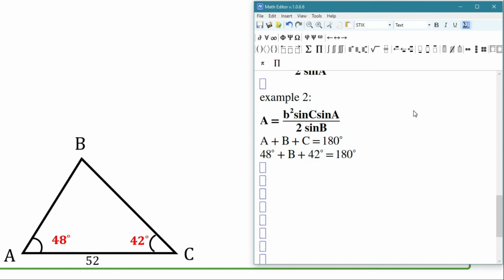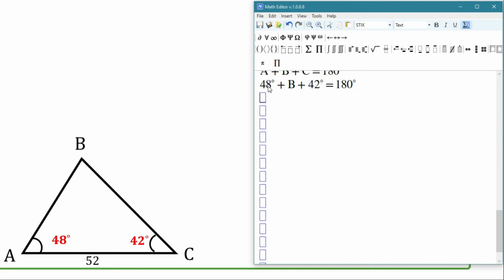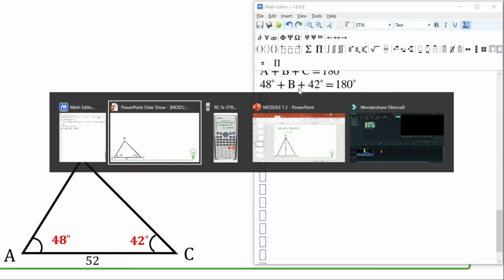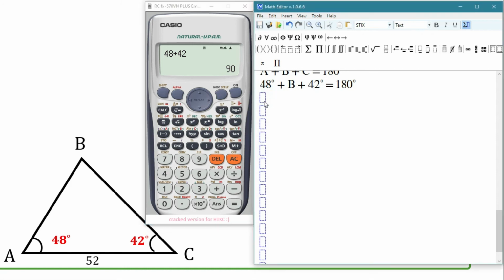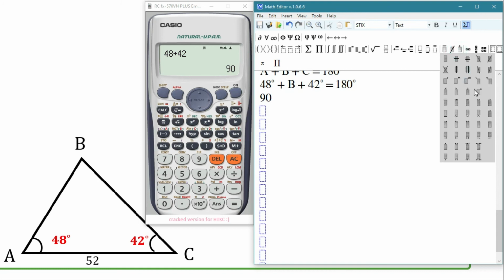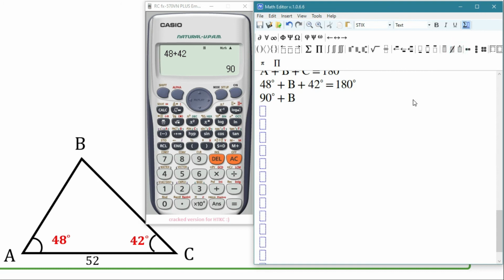Alright, and then simplifying what is to be simplified, that's going to be 48 plus 42. So what is 48 plus 42? Okay, everybody knows that's 90. It's going to be 90 degrees plus B equals 180 degrees.